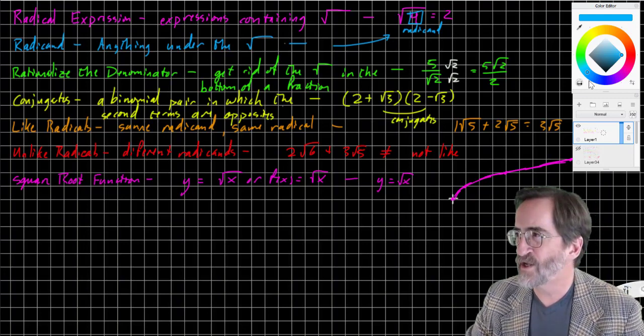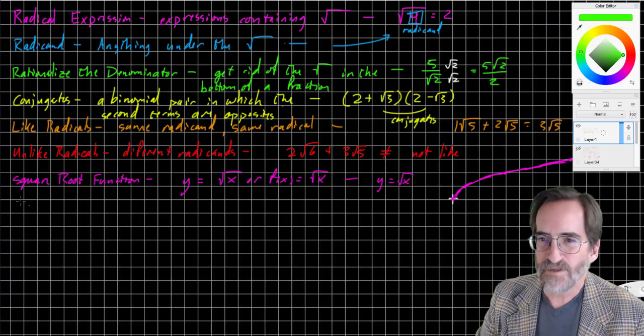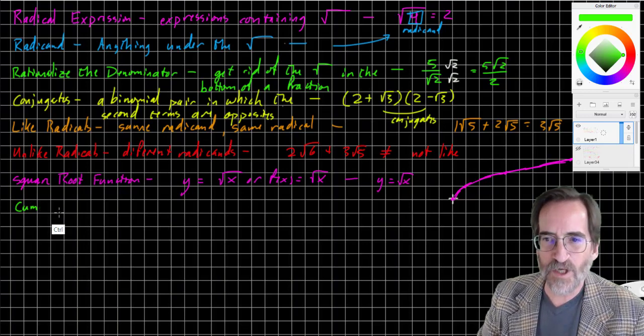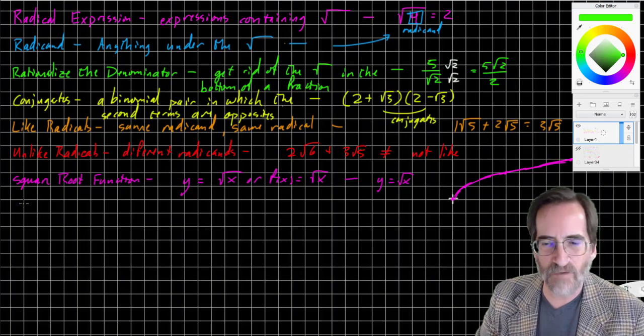Cumulative frequency table. We get into statistics here. Cumulative. And I'm going to change the order here because it's better to talk about frequency first.